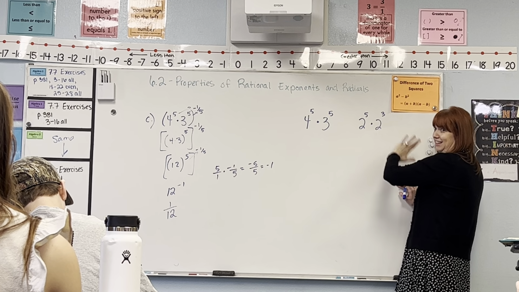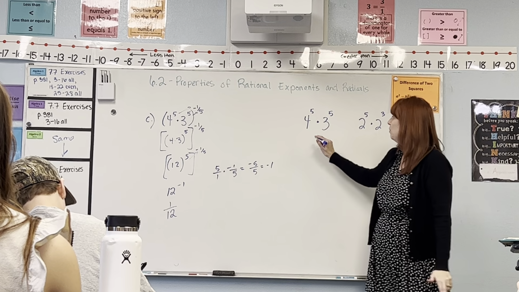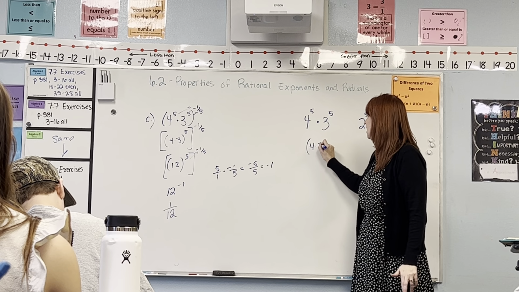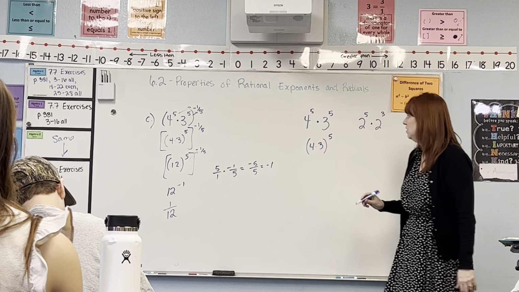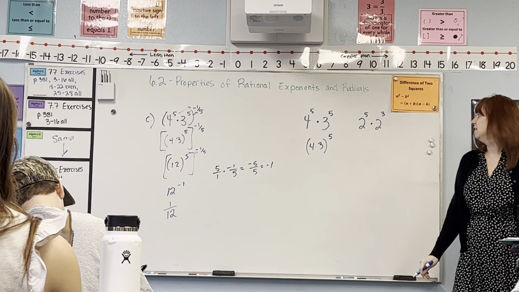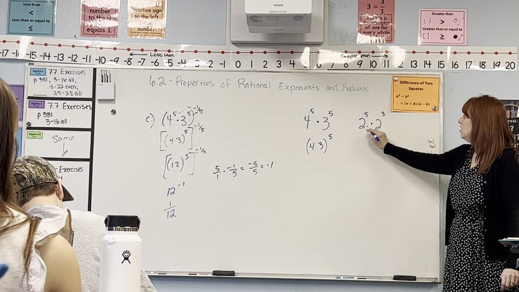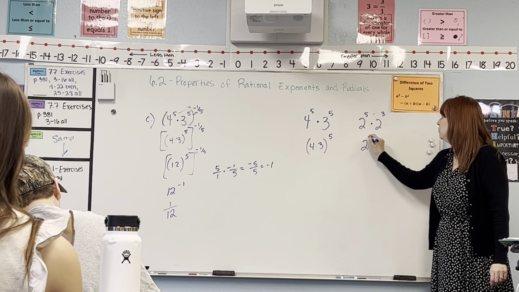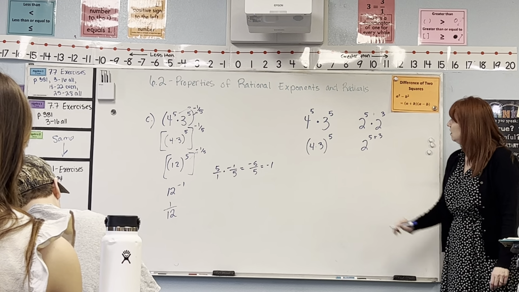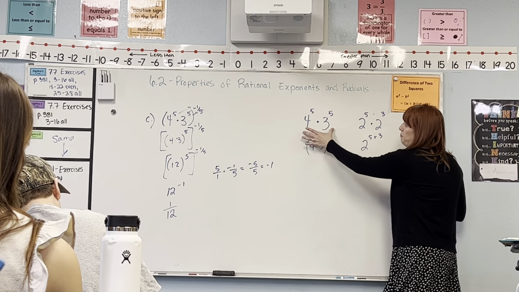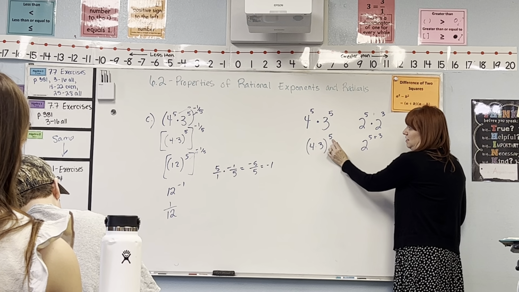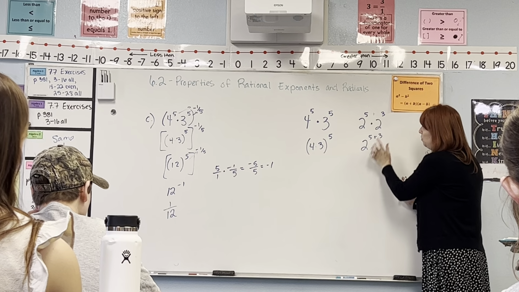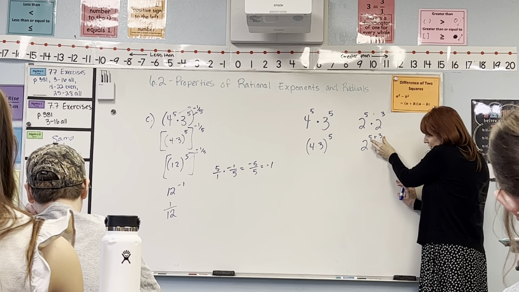Got it? So in this situation, you could put this in parentheses like this. In this situation, you can add the exponents. So this would be 2 to the 5 plus 3. So here you put the bases together, raised to the same exponent. Here, you put the exponents together.